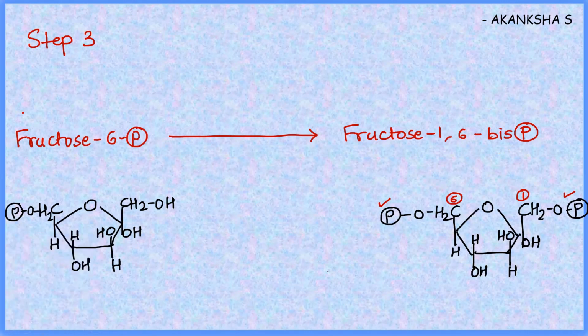We have added a phosphate on the first carbon. From where did that phosphate group come? It came from ATP. ATP has 3 phosphates. One phosphate got utilized in making the compound, so now we are left with ADP.